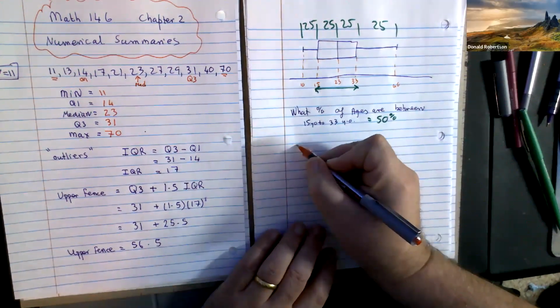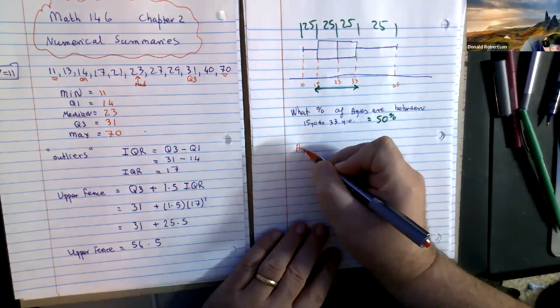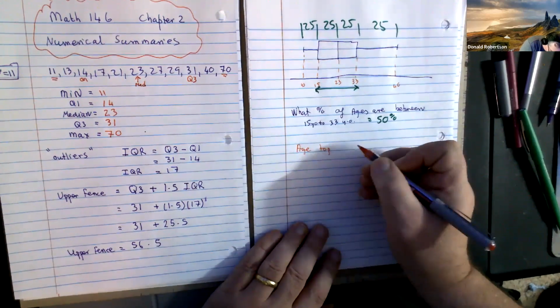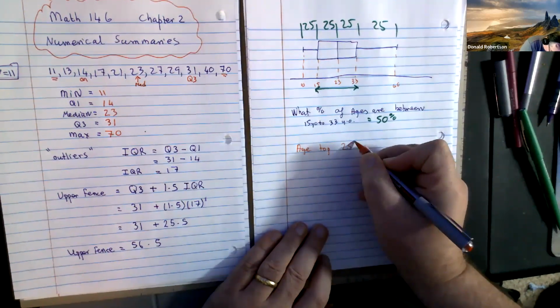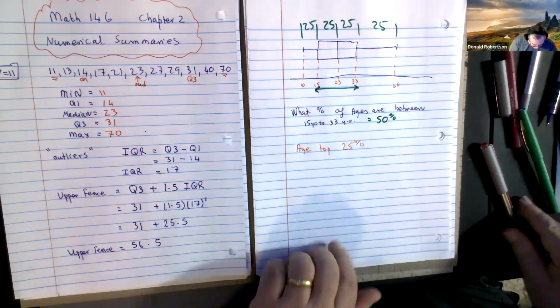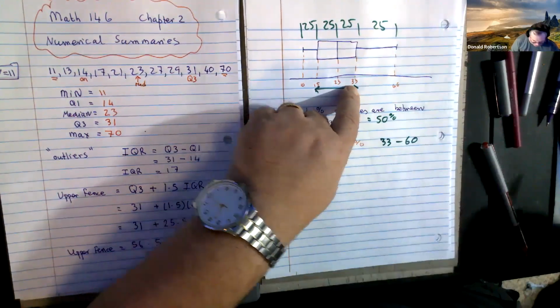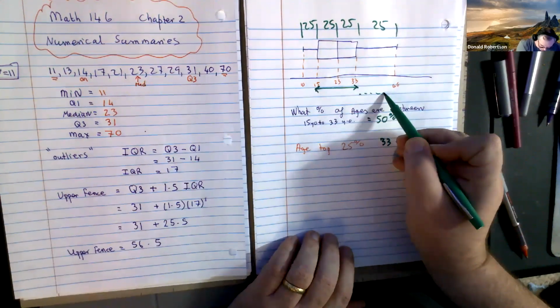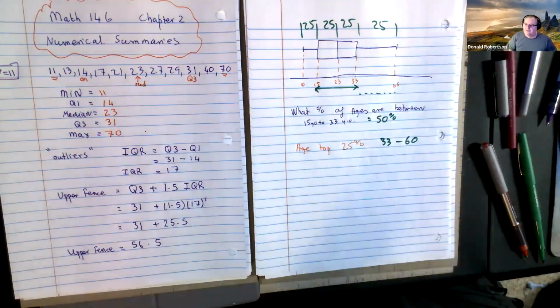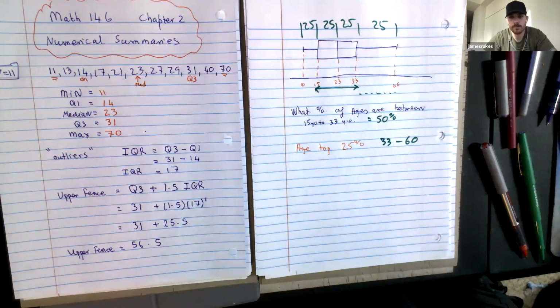If I went and said to you, what age would you need to be in the top or the oldest 25%? Well, wouldn't that be from the 33s to the 60s? Wouldn't that be the top 25%, for instance? Yes, sir. That makes sense? Right.